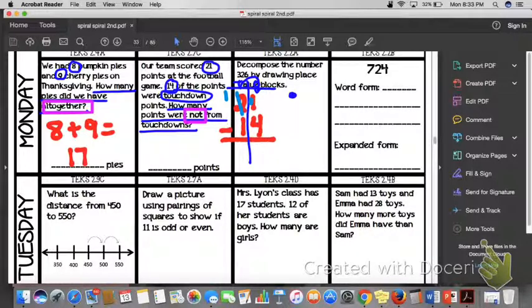So now he's only left with 1 10. So now I have 11 ones minus 4. So 11 minus 4 is 7. And 1 minus 1 is 0. So your answer is 7.